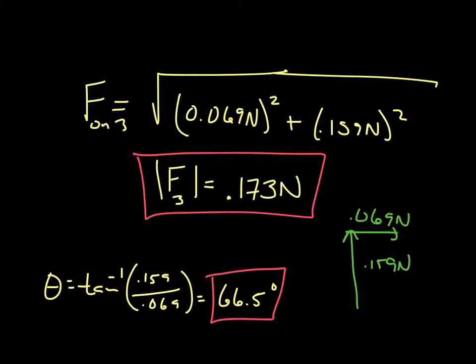Both of those are in newtons. This would be your resultant. And if you look, this angle is indeed close to 66.5, just by my rough sketch. Always draw a rough sketch and always verify. If it doesn't match, you might need to add 180. So the final note is be careful with tangent.